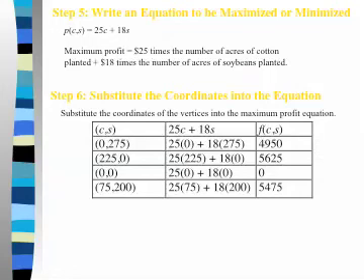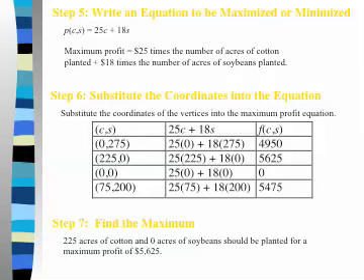Remember that the ordered pairs represent the number of acres of cotton and the number of acres of soybeans. So we put those in the appropriate places and calculate. So our third column shows our profit. And at this point, it's pretty obvious to see which one is the maximum. 225 acres of cotton and 0 acres of soybeans should be planted for a maximum profit of $5,625.